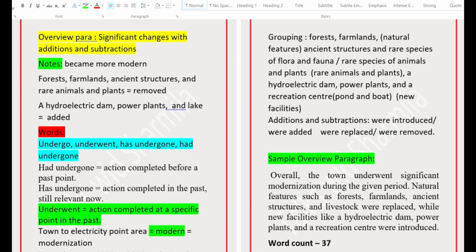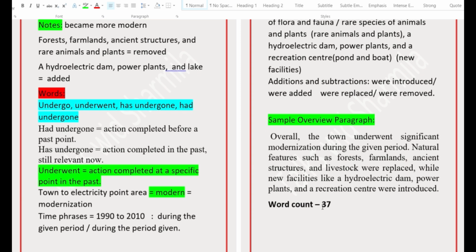Now the additions and subtractions. Instead of using the common words here, we have the vocabulary were introduced, or we can say were added. And when it is subtracted, we can use was replaced or were removed. Now our sample answer, which is of 37 words. Always begin with the word overall. So it is: Overall, the town underwent, as we have just discussed the usage of the verb here.